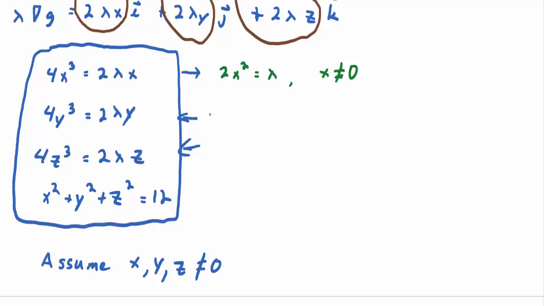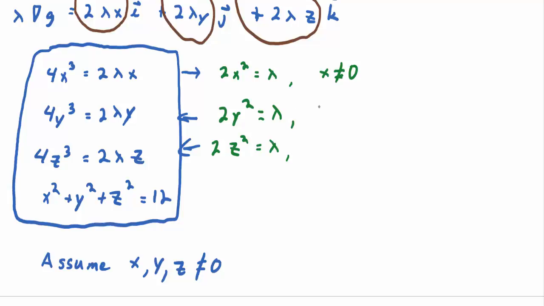All right, so now let me do something similar for the other two equations. Divide by 2y in this second equation. What do you get? 2y squared equals lambda. Isn't that nice? And then what do I get for the third equation? 2z squared equals lambda. Now, what's the assumption in these second two equations?